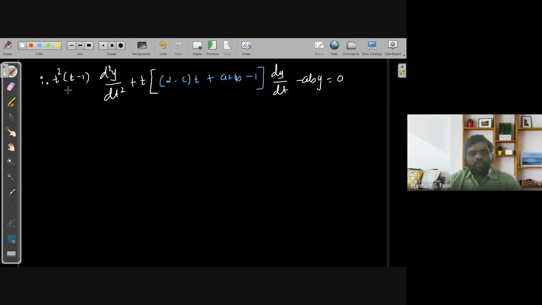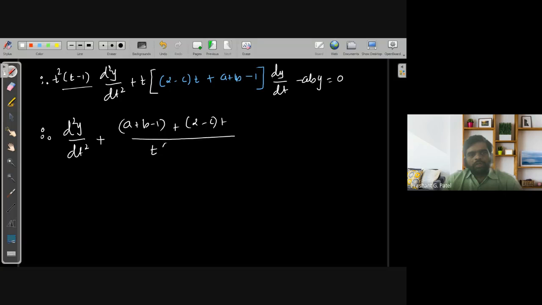So now if you divide this equation by this quantity, then this differential equation can be written as d square y by dt square plus, if you divide this, 1 t is cancelled out, so we will have a plus b minus 1 plus 2 minus c into t upon t into t minus 1 dy by dt minus ab upon t square into t minus 1 y equal to 0.